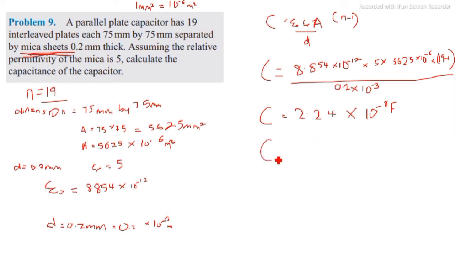So let's take it to nanofarad. Your C equals 0.224 times 10 to the minus 9, since you are taking it to nanofarad. So C equals 0.224 nanofarad. You can also take it to microfarad.